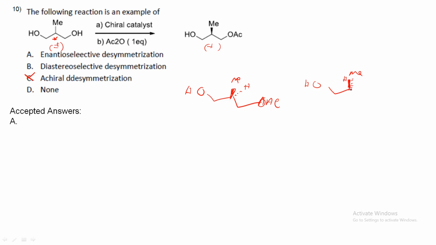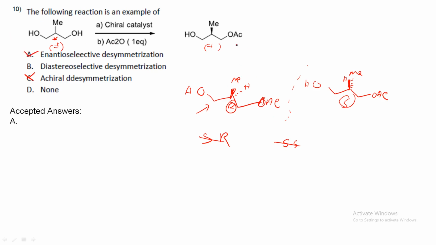So if it is R, it is enantiomer. Let's say if we had another chiral center, then only we could say it is diastereomer, because then it will be RS and let's say SS. Then it will be diastereomer. But here only one chiral center is there. That's why we can say it is enantioselective.